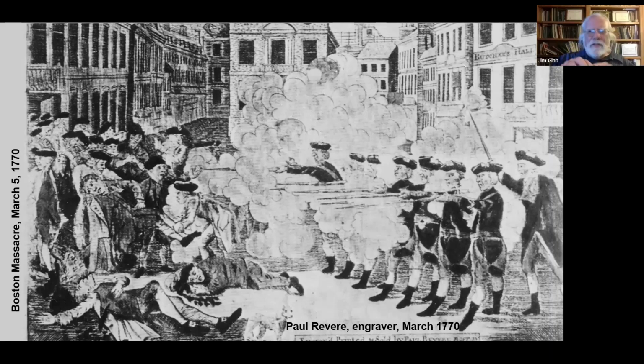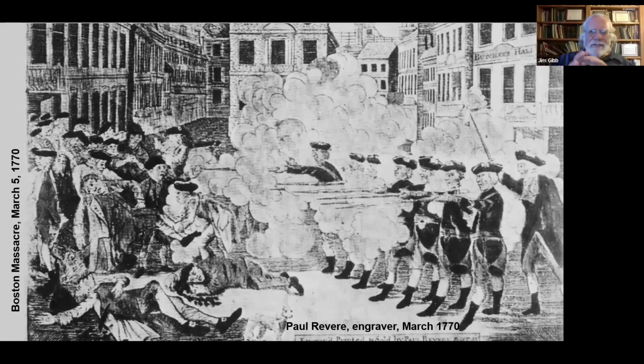The reason I put this in here is because here you have an image of British troops opening fire on a mob. And the captain and I think 4 of the soldiers were charged with murder. John Adams, eventually our second president, famously defended them successfully.